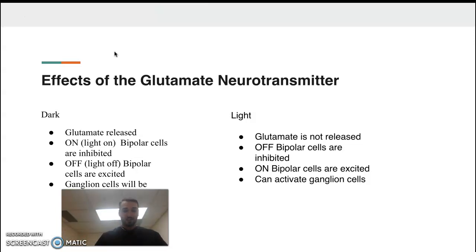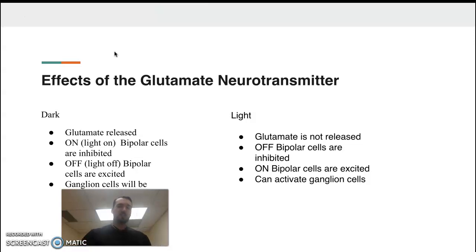So when it's dark, there are two types of bipolar cells. We have the ON bipolar cells, which means light on, and we have bipolar cells called OFF bipolar cells. And in the dark phase, when glutamate is released, the light OFF bipolar cells are excited while the ON bipolar cells are inhibited. And so what that means is that ganglion cells will be inhibited.